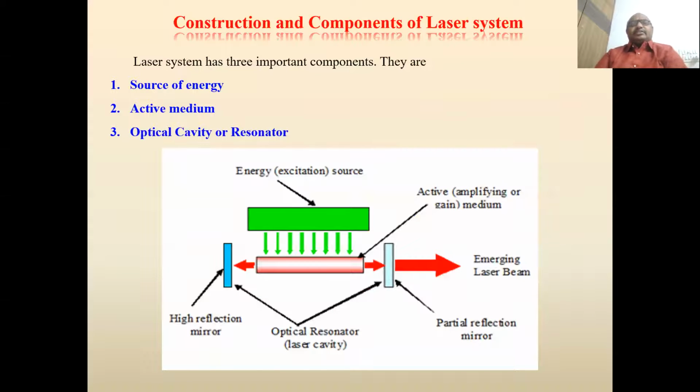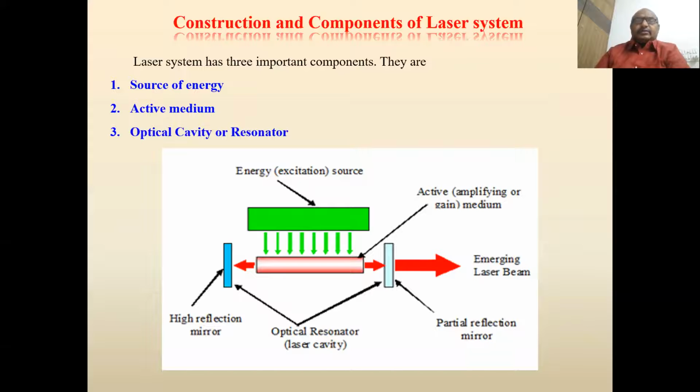Now the basic construction and components of a laser system. The laser system has three important components: energy source, active medium, and optical cavity or optical resonator. The energy source is like a xenon flash lamp or a krypton flash lamp, where electric discharge takes place.